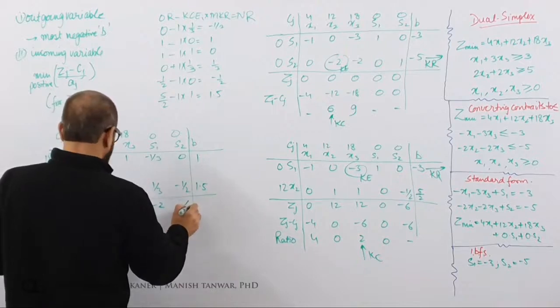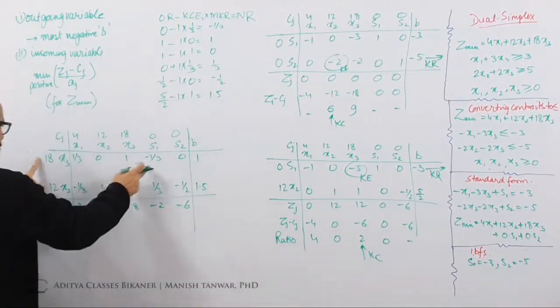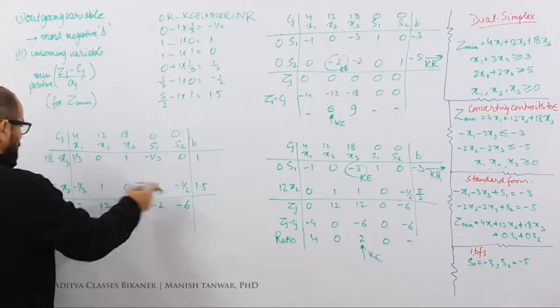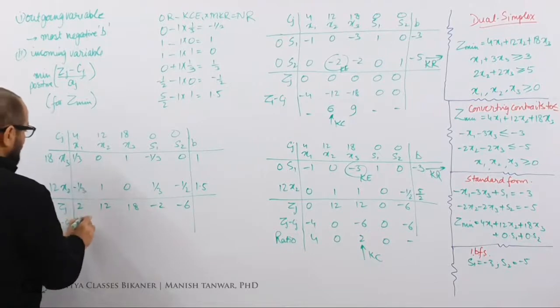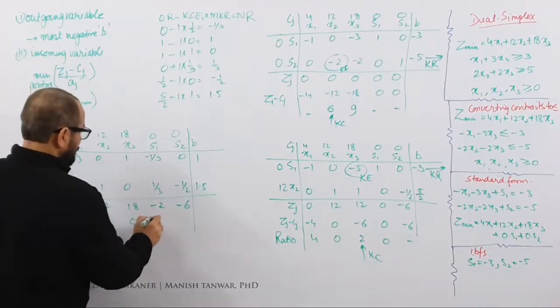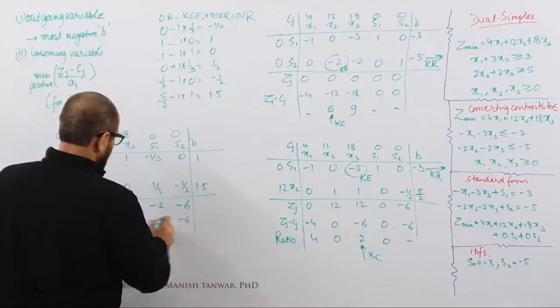That will be -6. -6 plus 4. Let me go for Zj minus Cj: -2, 0, 0, minus 2, minus 6.